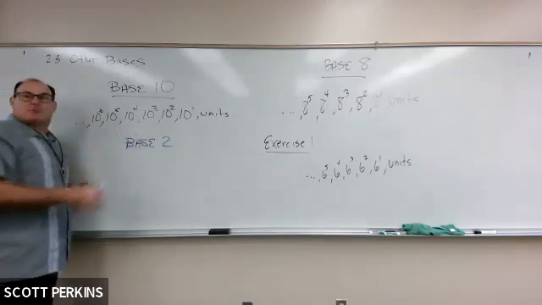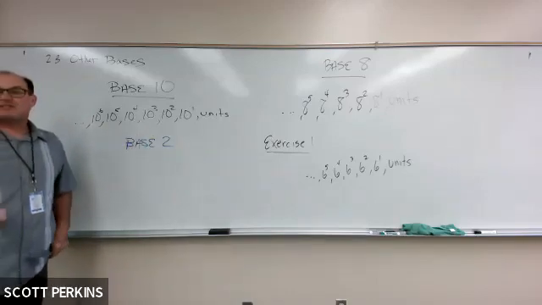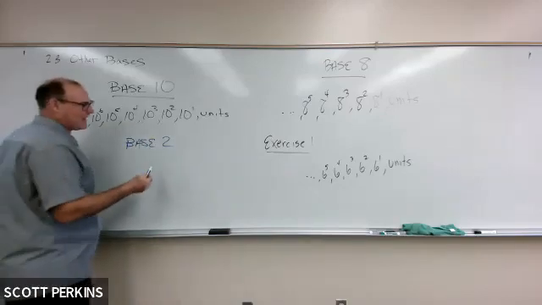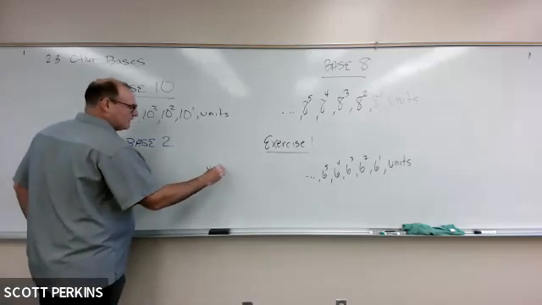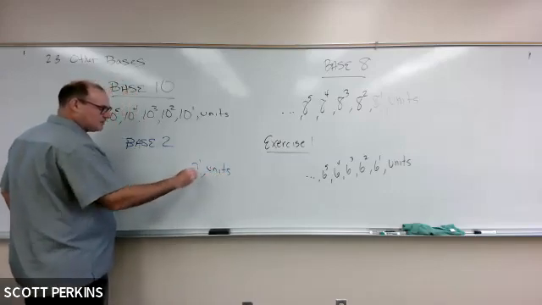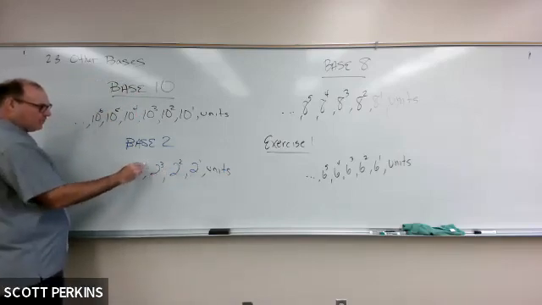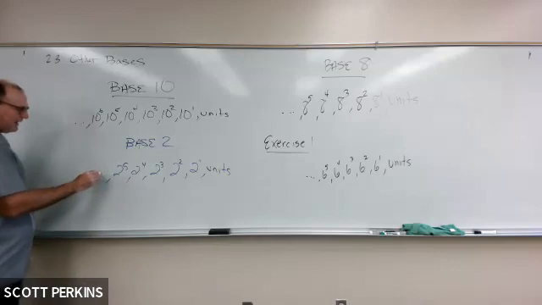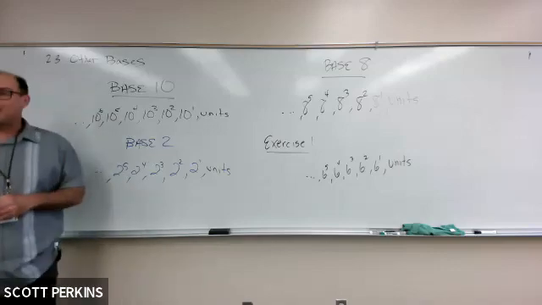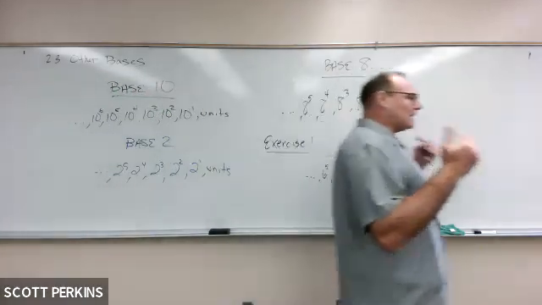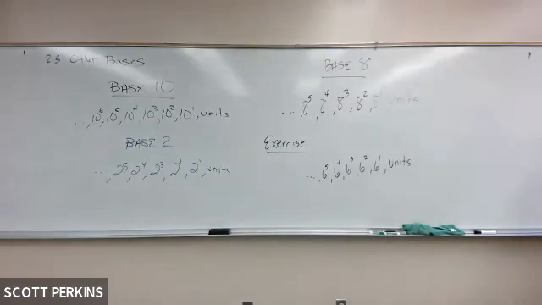Now, base 2, this is computer language, so this would be how computers think. So we're going to look at a little bit of that as we go. So you have your units, and then you have your 2 to the first, and then 2 to the second, 2 to the third, 2 to the fourth, 2 to the fifth, etc. So we'll just keep going on and on like that. Just trying to give you an inkling on what the different positions are going to mean.